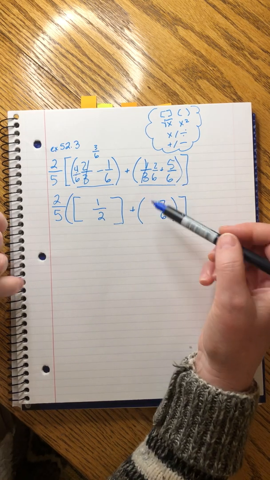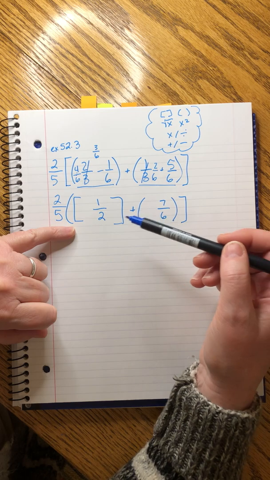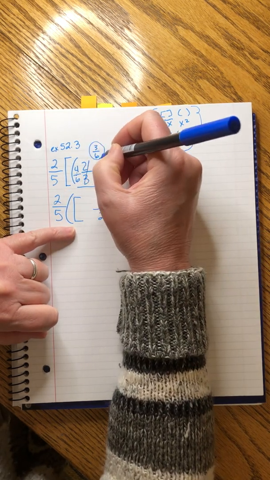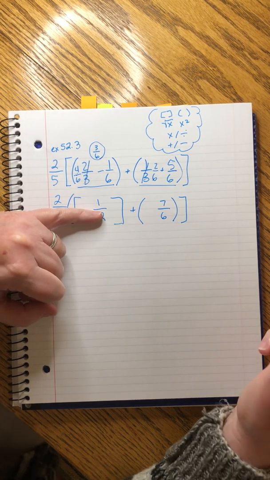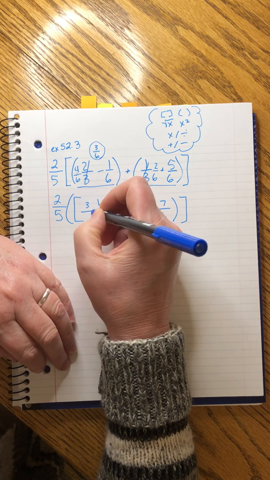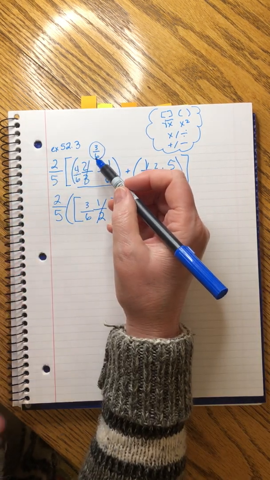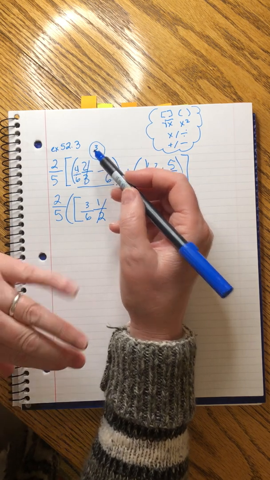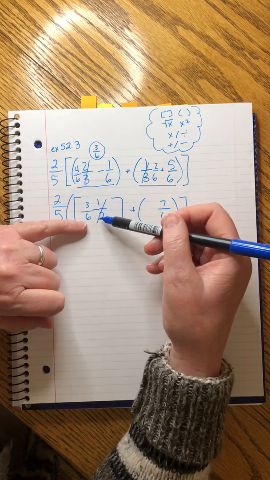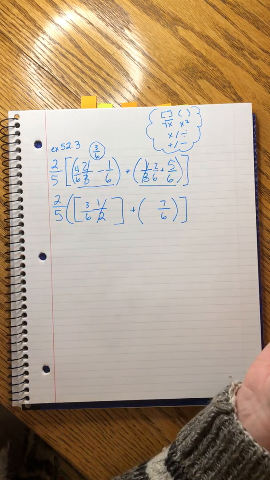Now I can see that I'm going to have to add these together, and I need the denominators to match. So this really would have been a perfectly useful way to write this answer. The 1/2 doesn't help me. I'd rather have the 6, so I'm just going to cross it out and put that back in, right? So that's why I was happy I wrote that down, and you should always do that. Write down your answer, and then if you want to reduce it, that's fine. But if you realize, oh wait, the reduced form doesn't help me, I actually need it with the 6 on the bottom, there it is right there.